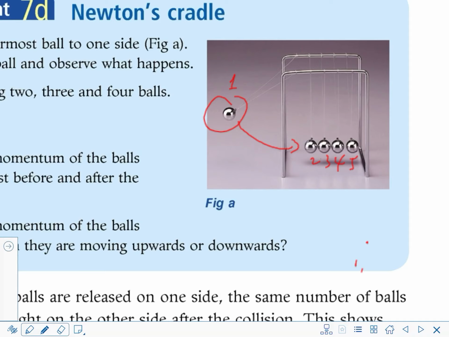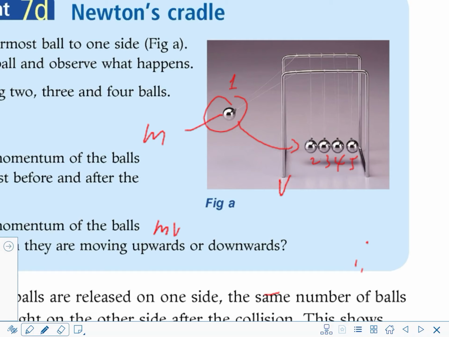So what is the total momentum before the collision? Suppose each of the balls has a mass of m. The answer is easy. It will be mv before collision. After collision, what do we know?